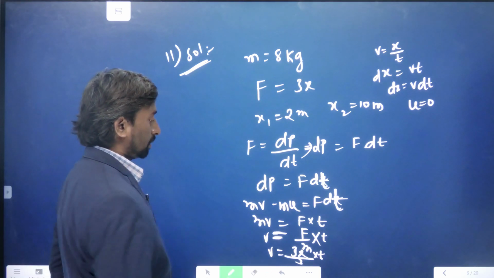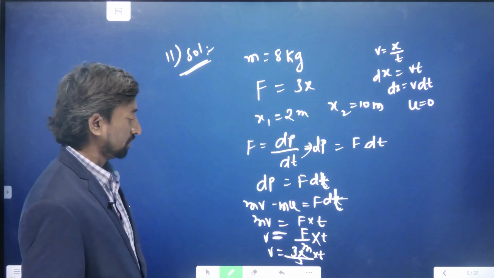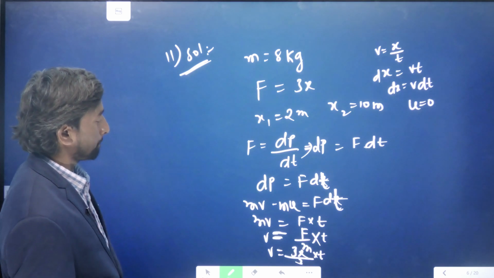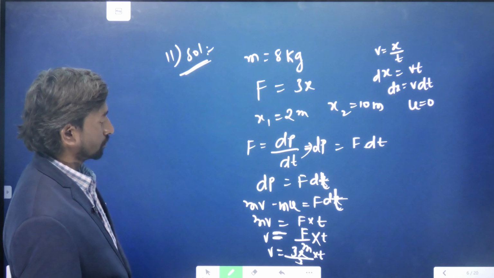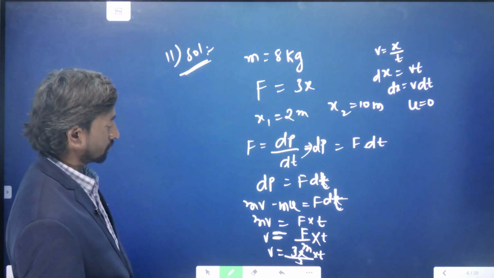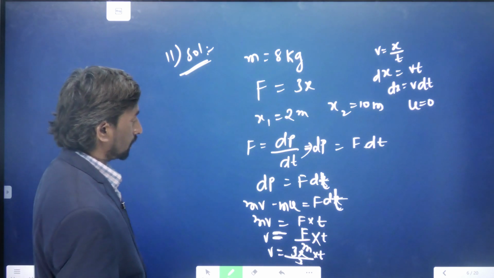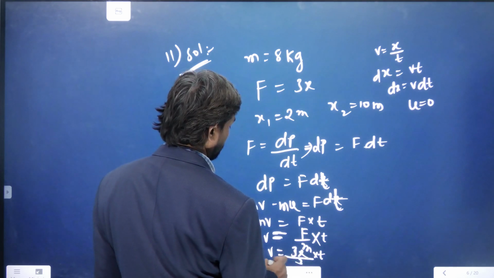So this final velocity will be at the distance, which is x2 we should take. That is the final velocity, and time. Mass is 8 kg.